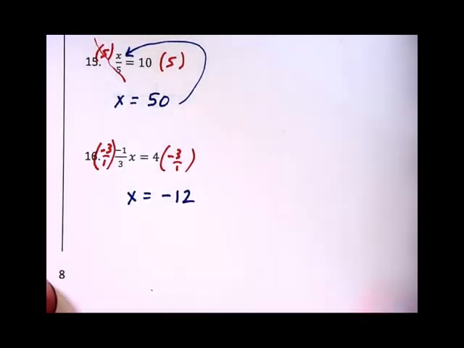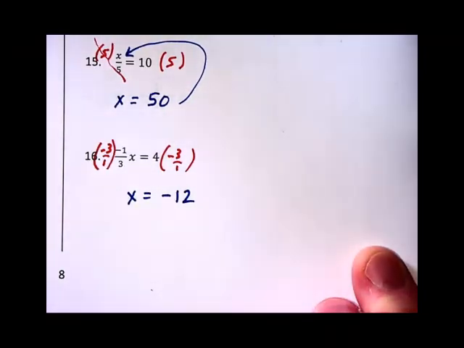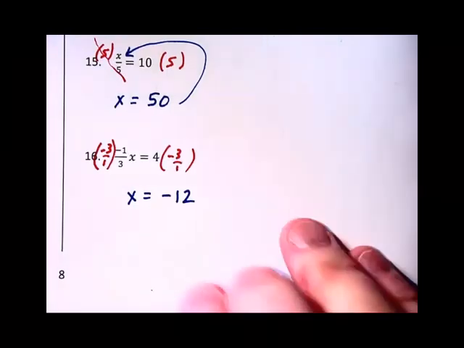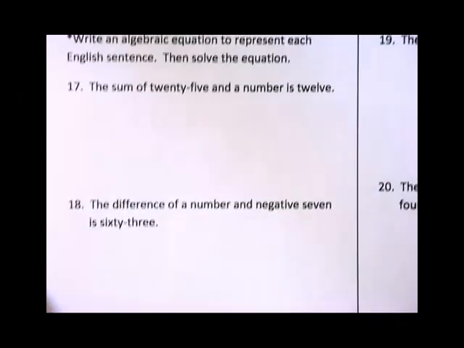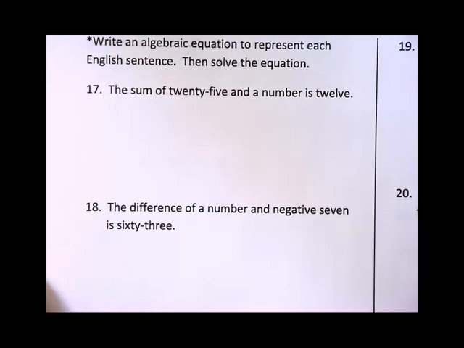And if you check that answer, substituting the negative 12 in, you find that negative 1/3 times negative 12 does make positive 4. Okay, those are all one-step equations because it only takes one step to solve the problem or to write the equation and solve it.